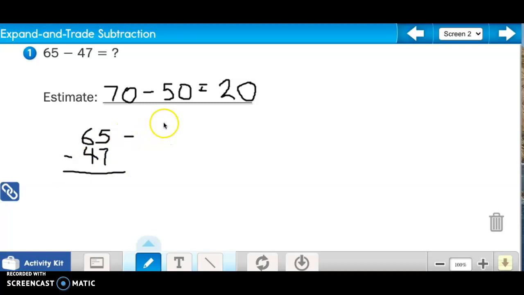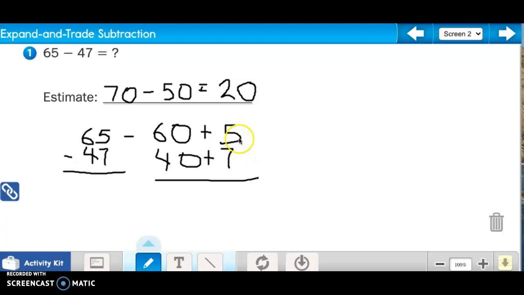So first of all, we put 60 plus 5, and then 40 plus 7. Now we're going to subtract that.